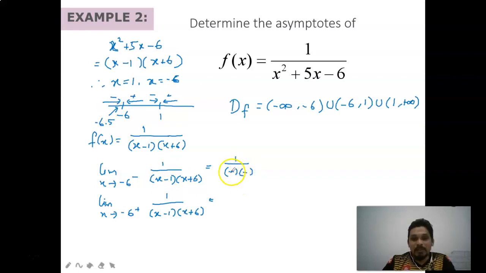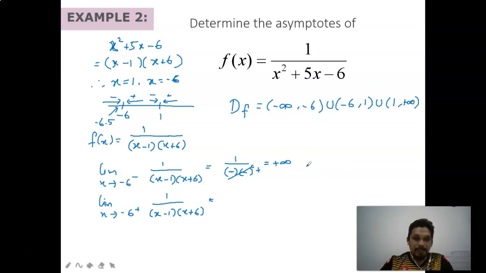Negative multiplied by negative gives a positive value, right? And 1 divided by a small positive value gives positive infinity.